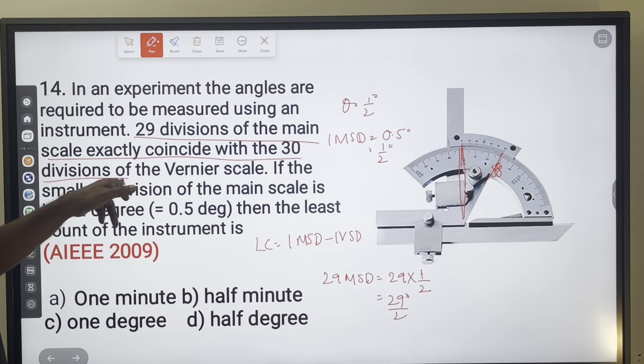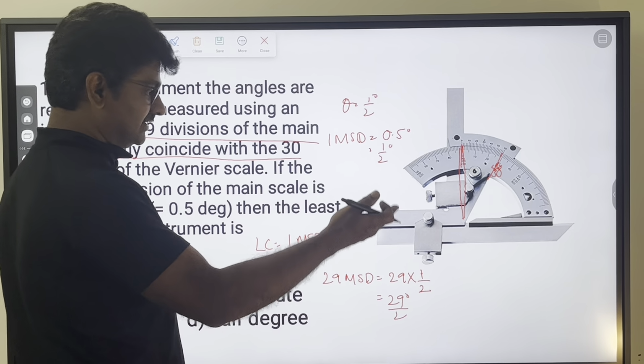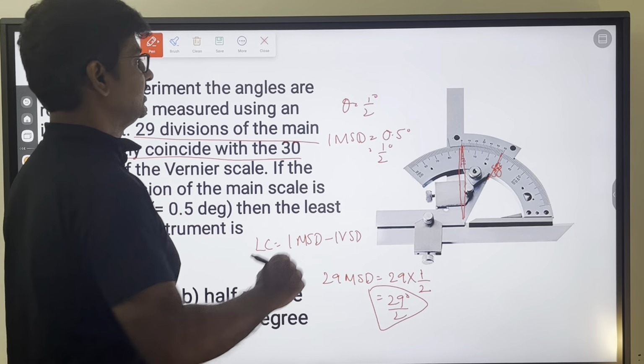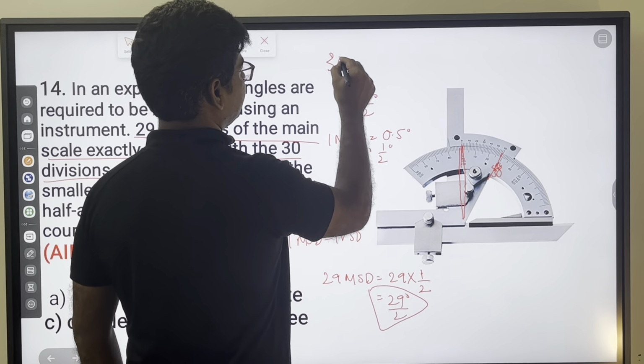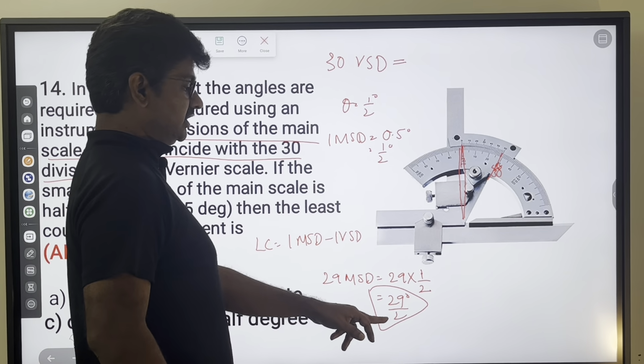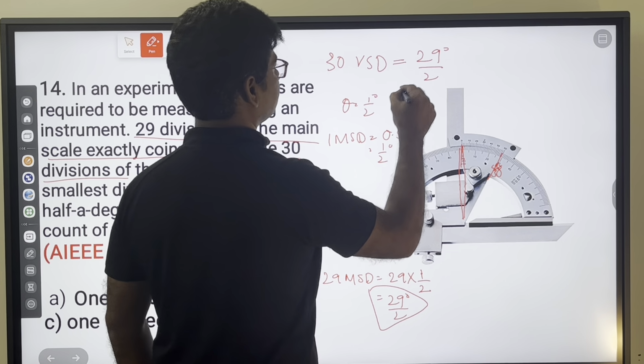This is equal to 30 vernier scale divisions. Therefore, 30 vernier scale divisions is equal to 29 by 2 degrees.